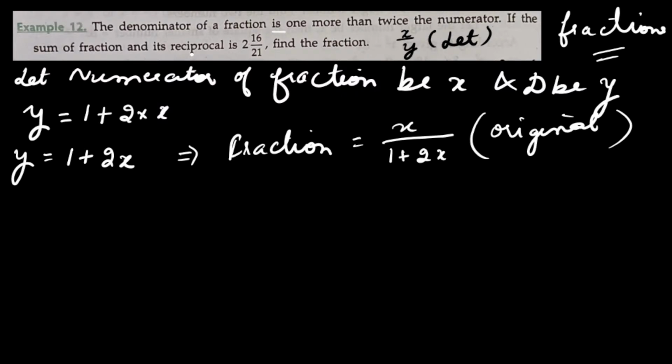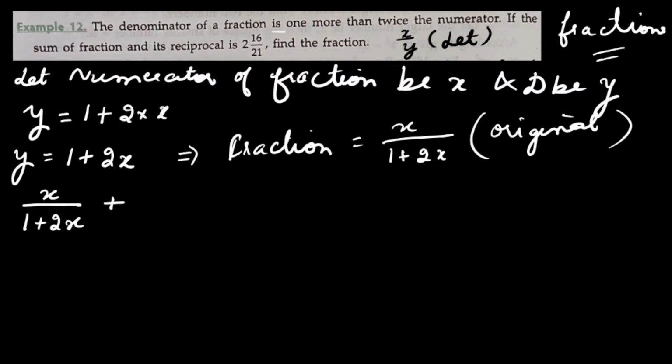If the sum of the fraction and its reciprocal. Sum means addition. The sum of the fraction, which is x by 1 plus 2x, and its reciprocal. What is the meaning of reciprocal?